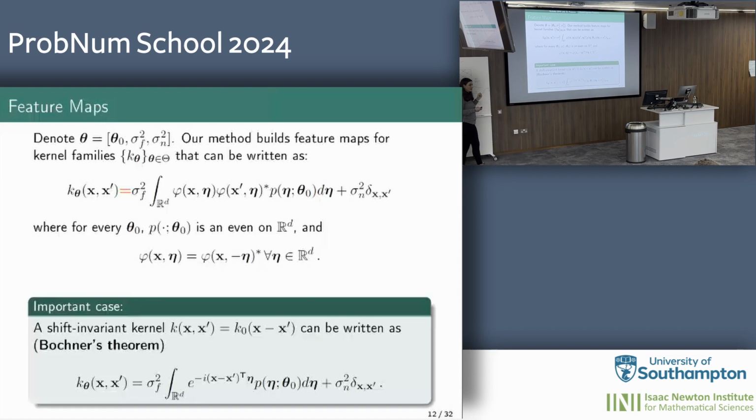I'm sorry, I have a lot of notation, but basically you can consider theta as the set of all hyperparameters, and theta 0 is all of them except the scaling parameter and the regularizer, because many times those are handled separately.